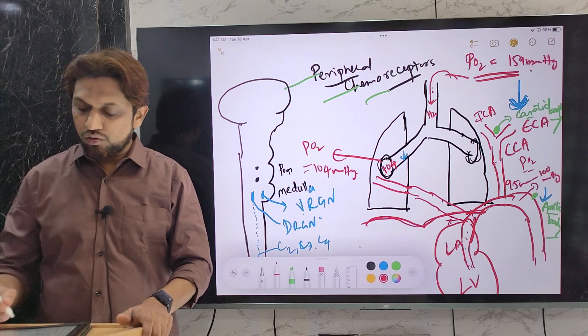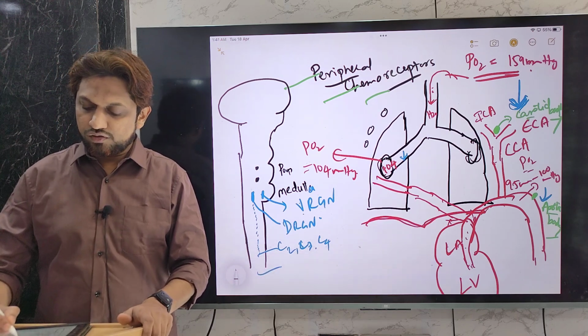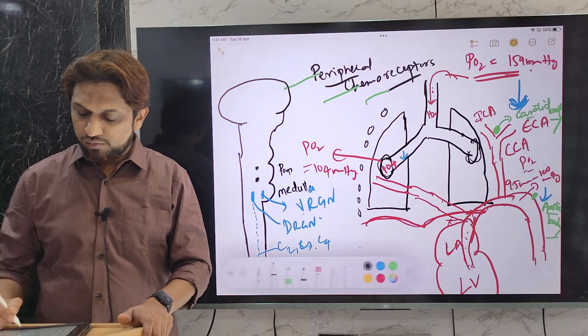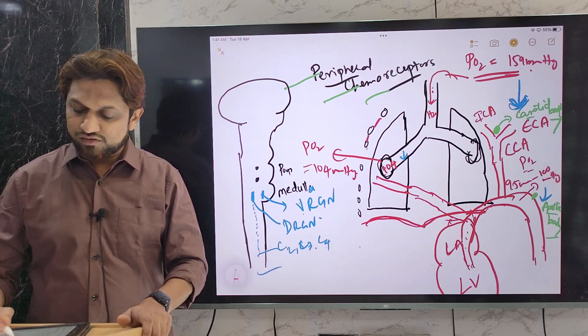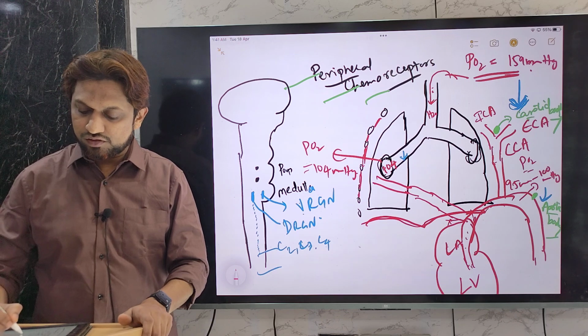And on the thoracic cage we have one more very important muscle, the intercostal muscles. External and internal intercostal muscles are there.